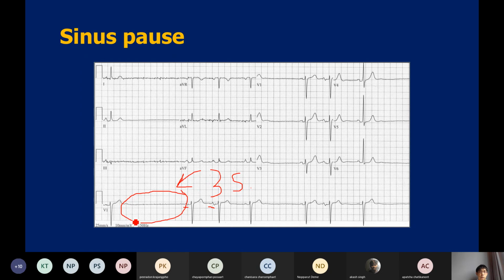So the sinus pause is when there is no P wave for more than 3 seconds, but there is some recovery of the P wave in the ECG. The sinus pause is also an impulse generator abnormality, but it is not as severe as sinus arrest, because in sinus arrest you wouldn't see any P wave at all in the ECG.